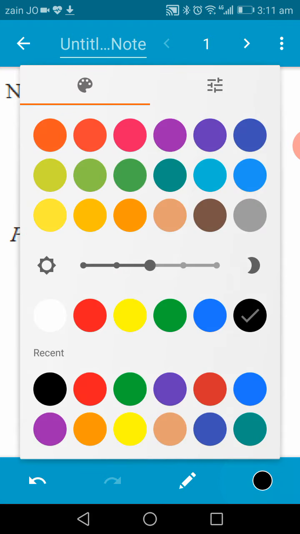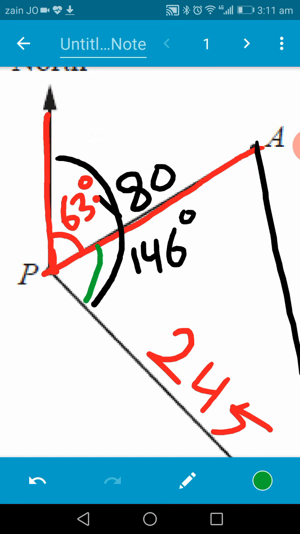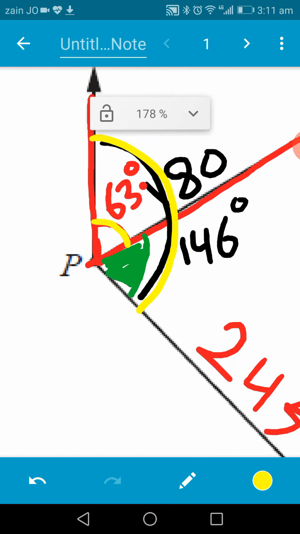You just need to find this green angle. The whole big angle is 146 and this one is 63. The difference between them is the green angle.